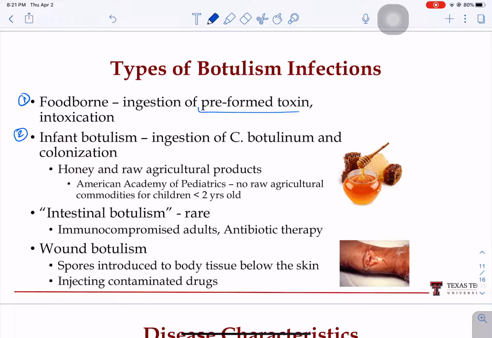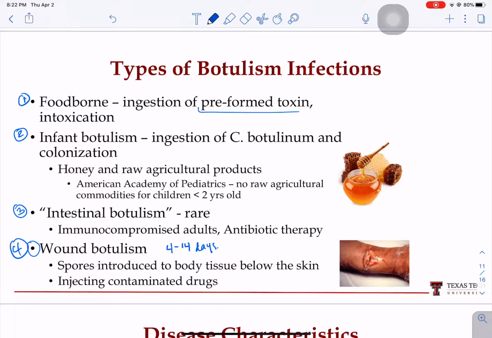And wound botulism, which is the 3rd and the 4th, is really not a foodborne illness. It's not really associated with food, but is also produced by toxins from Clostridium botulinum. Now, there are differences between these illnesses. For example, wound botulism may have an onset between 4 to 14 days.